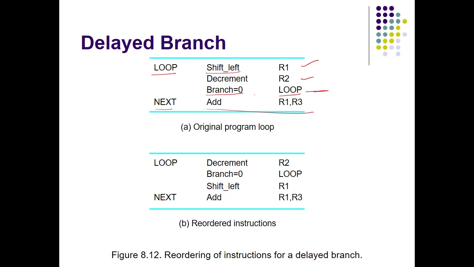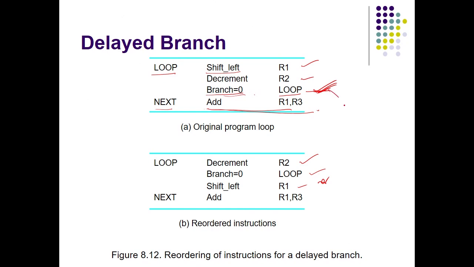Now, what happened in general? Here the branch is one instruction, and while executing it, the next instruction has already started fetching and decoding, as we have just seen a few minutes before. So what we do is change the order. We change it so that decrement R2 comes first, then we put branch if 0 to the loop, and then shift left R1.